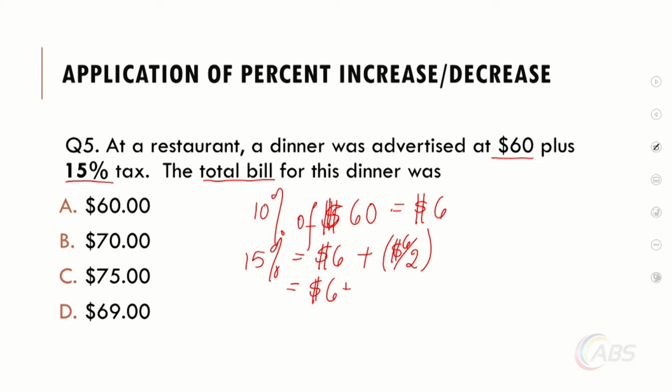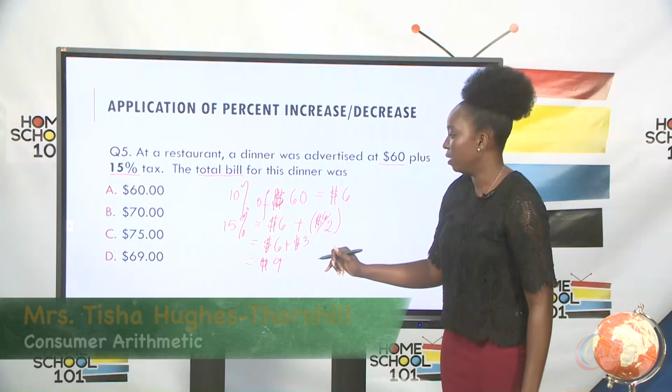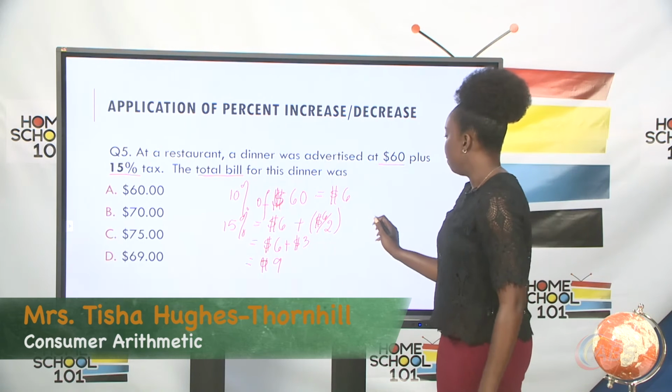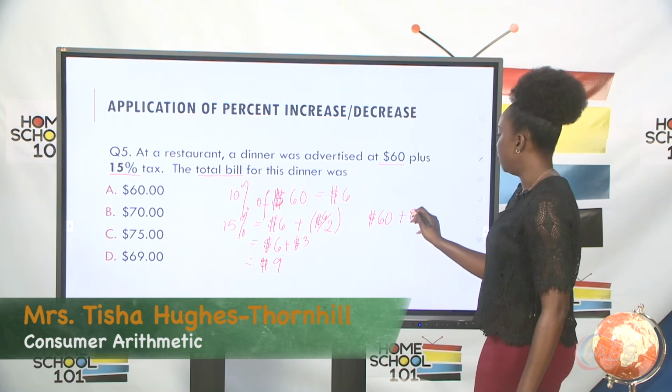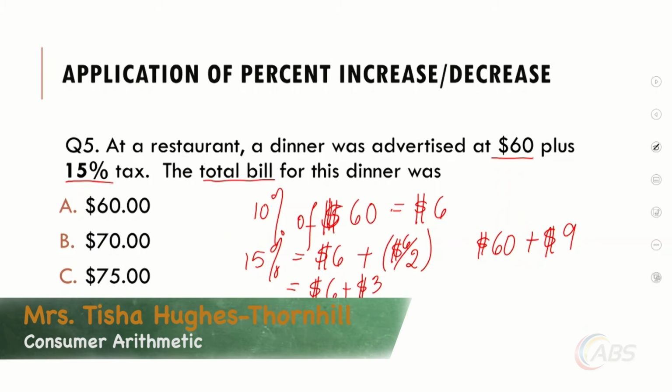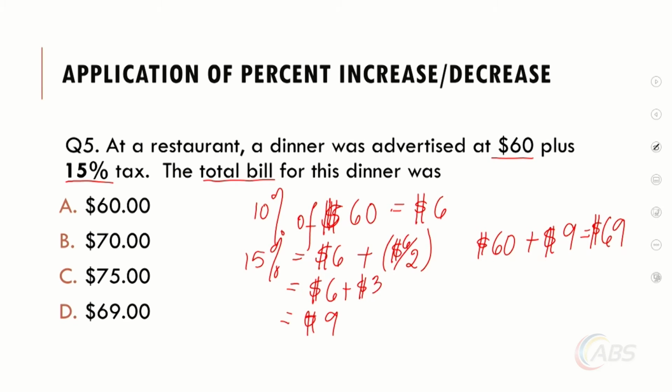And 6 plus 3 is $9. All right, so our tax on this bill is $9. So if our bill was $60 and we add our tax of $9, we get $69. And so you see our answer there, which is D.